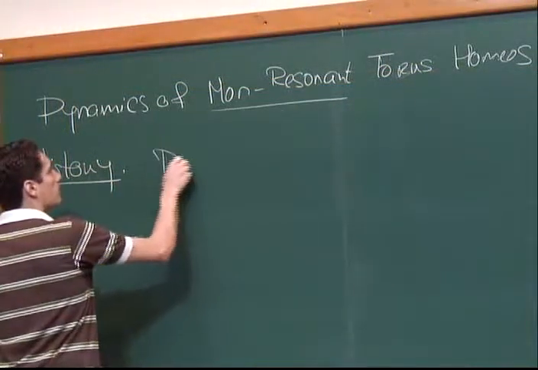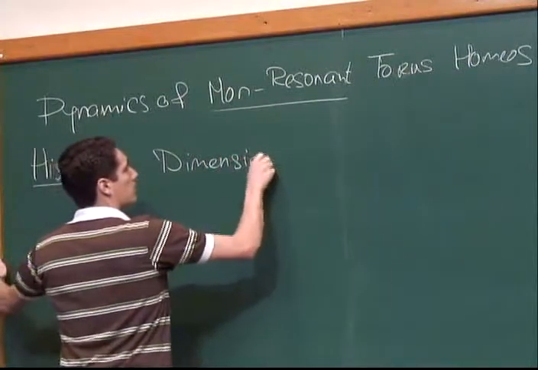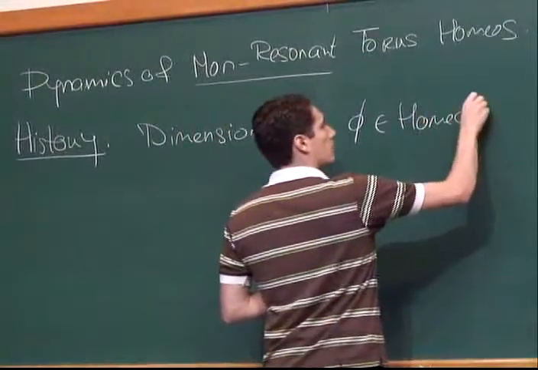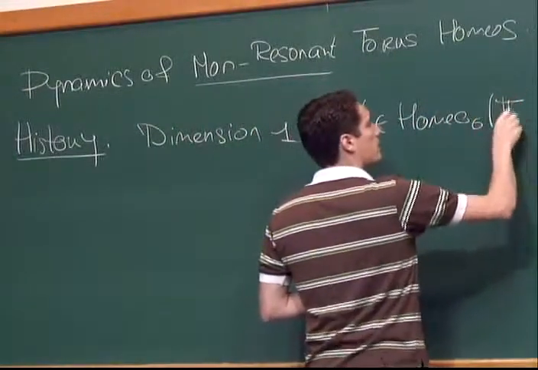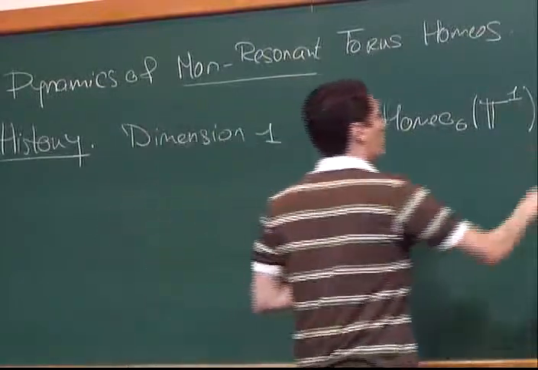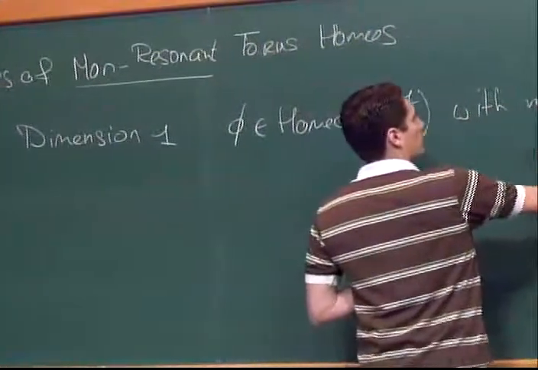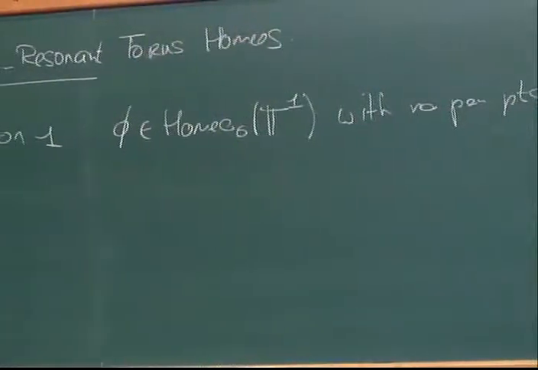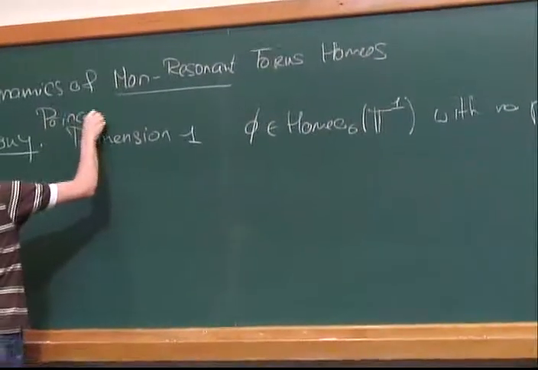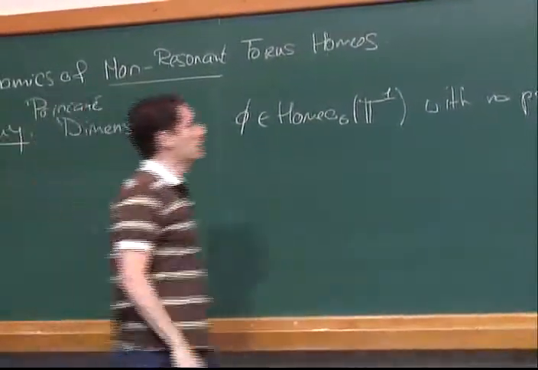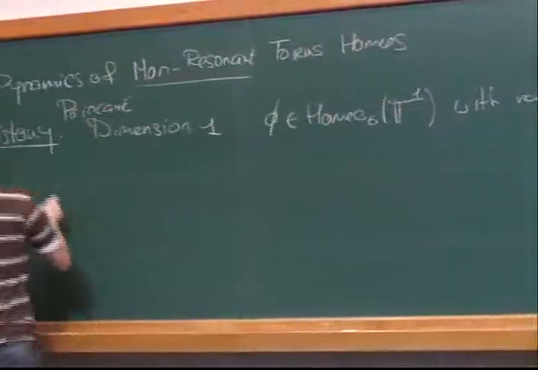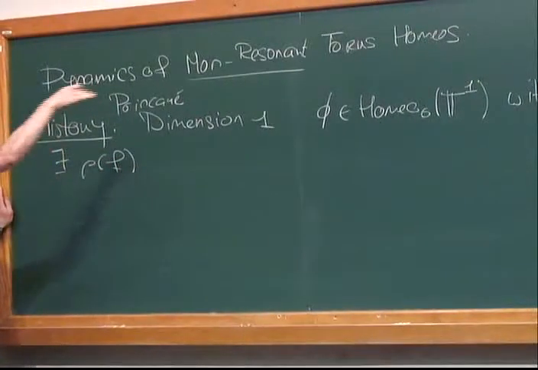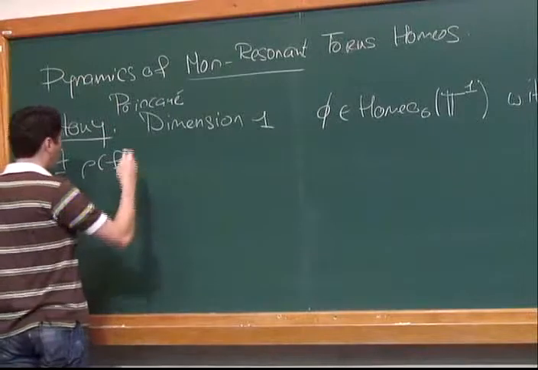If you look at dimension 1, and you look at circle homeomorphisms, say, isotopic to the identity, with no periodic points, then, and this is of course due to Poincaré, he was the first to get the global picture here, there exists a rotation number, which just sort of measures how much points are moved in the lift on average.